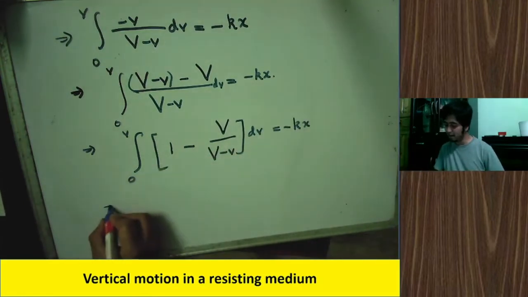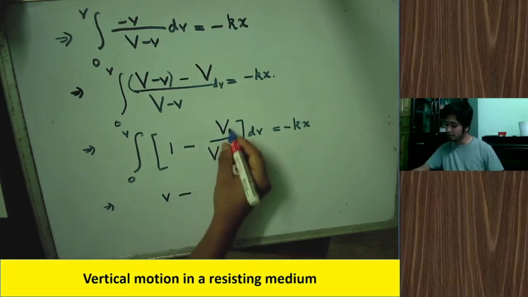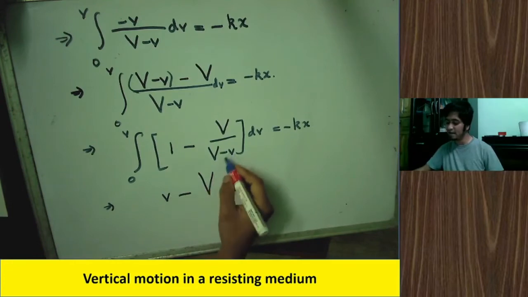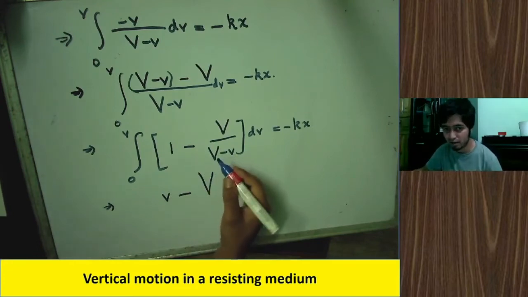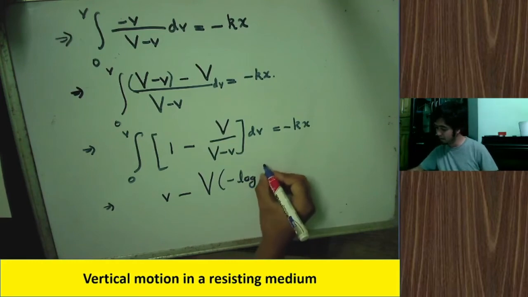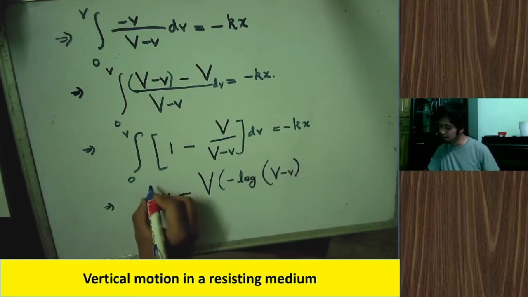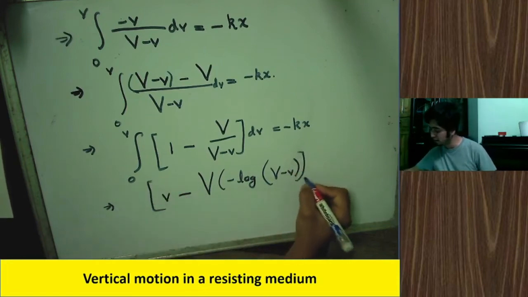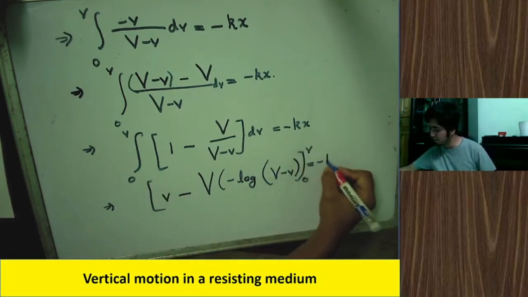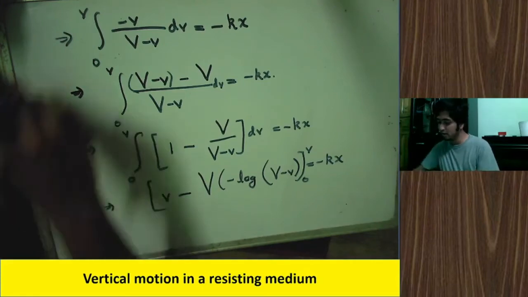Next we integrate: you will have v, capital V is a constant. Again, the integration of this one will be minus log of V minus v, something similar to what we had done. Something like this you will have.